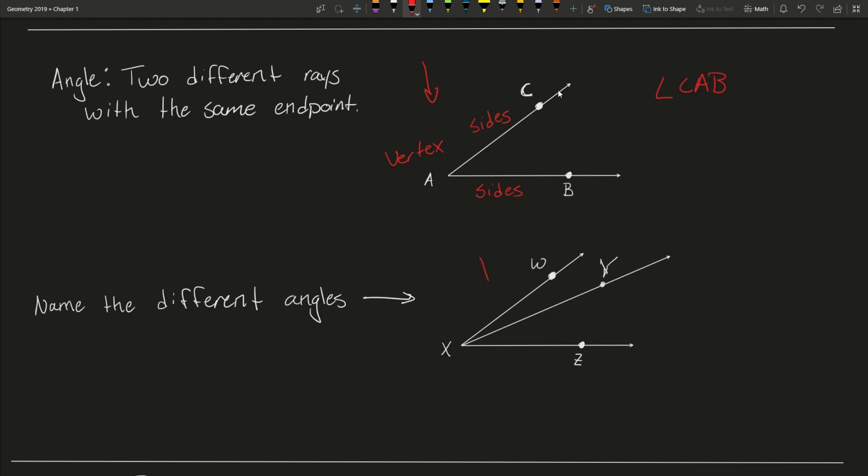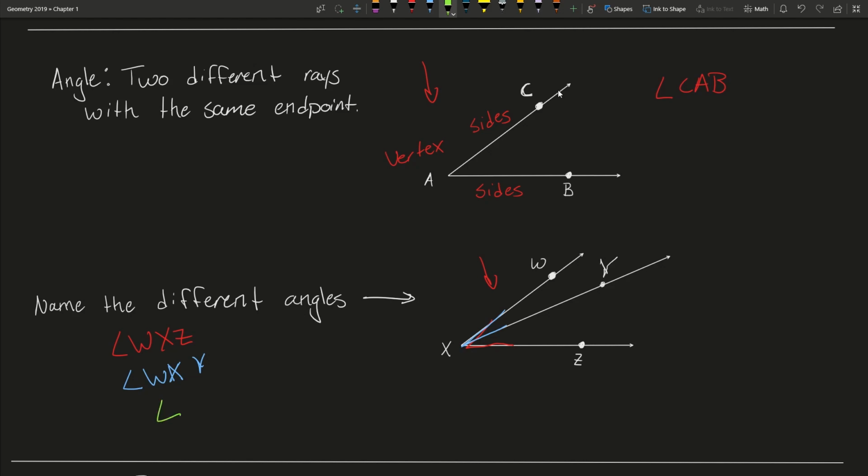So for this example, we have three different angles. We have angle WXZ, which is the bigger angle. We have angle WXY, which is the top angle.